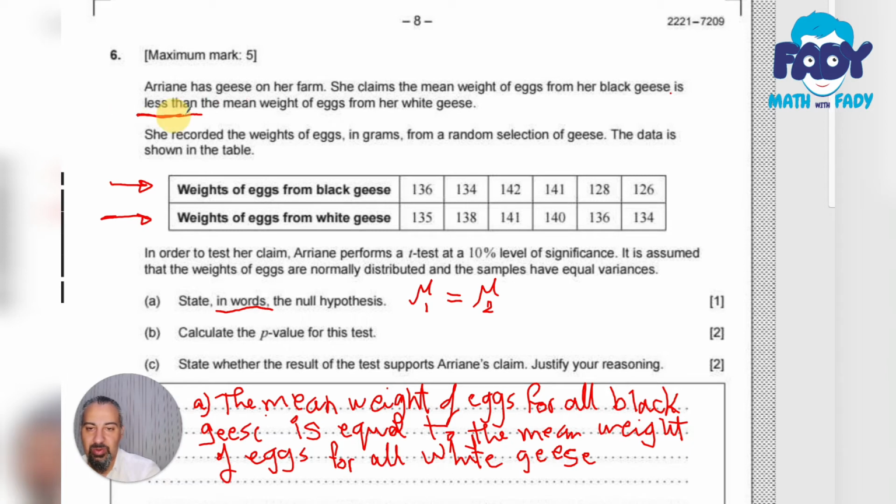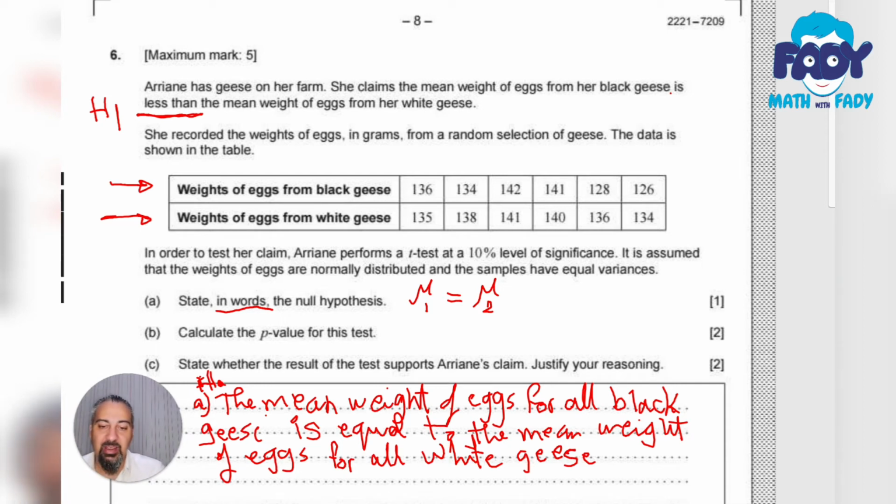So this less than is for the alternative hypothesis. Here we are asking about the null hypothesis, H null. So this will be our null hypothesis.